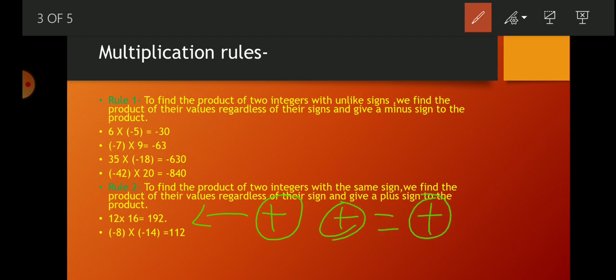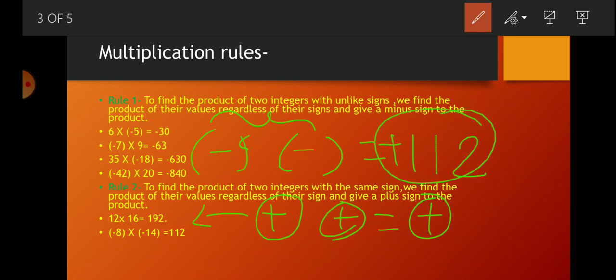It is plus 192. And another example, minus 8 multiplied with minus 14. That means both signs are the same, so our answer will be positive: plus 112. Now, we will understand with more examples.